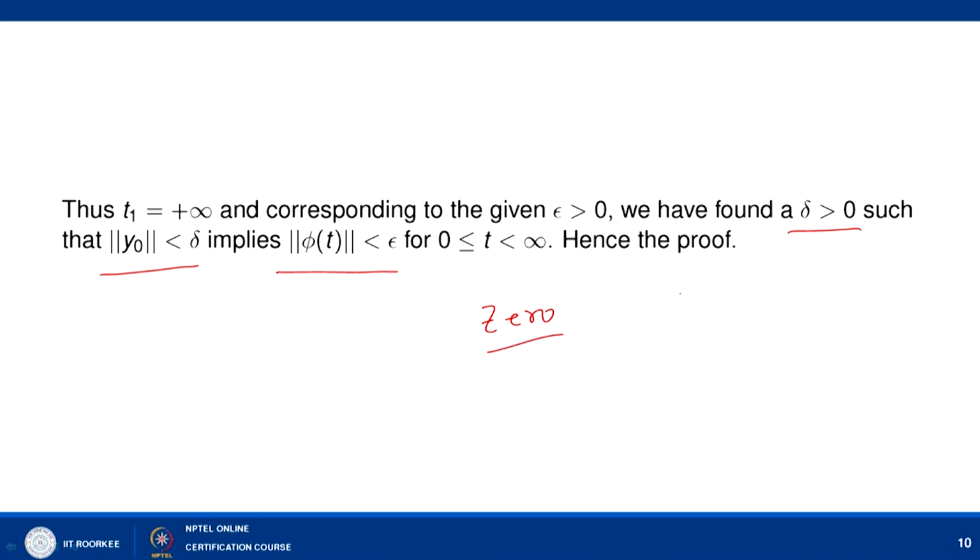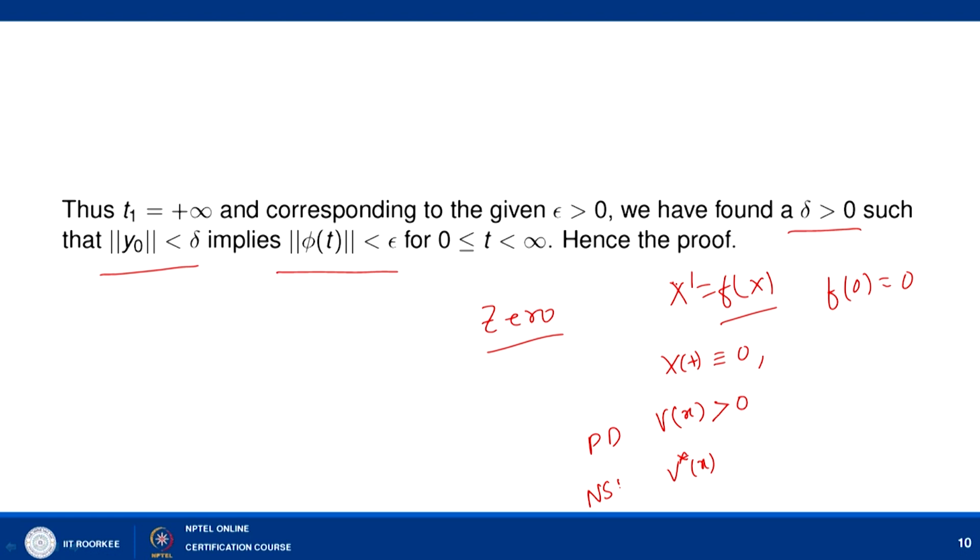So, it means that if given a system x dash equal to f of x, where f is smooth enough, then the 0 solution of this, that is x t identically equal to 0, here we are assuming that f of 0 equal to 0, is stable provided that there exists a scalar continuous function V of x which is positive definite, and V star x is negative semi definite here.